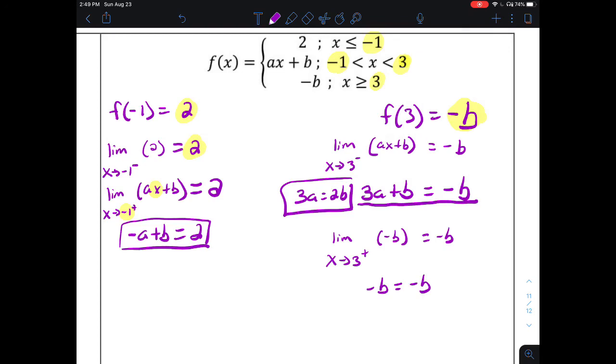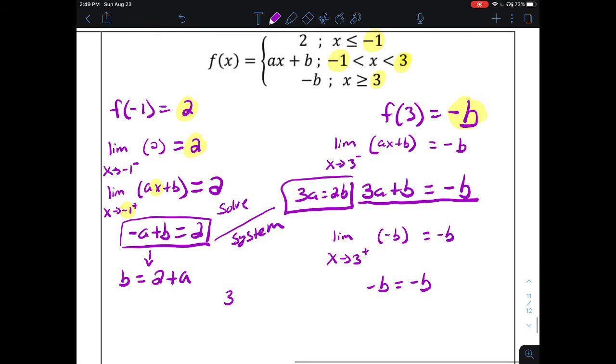What I would do now is solve the system, so that you can get values for a and b. I'm going to take one of these equations and rewrite it as a variable equals. I'm going to take this one and rewrite it as b equals. So b equals 2 plus a. And then I'm going to plug it into the other one.